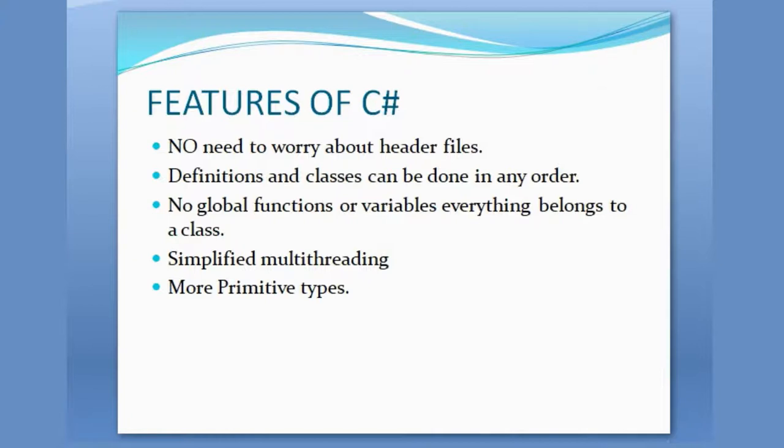We can create different types of secured and robust applications such as window applications, web applications, database applications, and there are several advantages to using it. We don't need to worry about the header files. Class definitions can be done in any order. There are numerous primitive types and multi-threading tasks, and most importantly, there are no global functions or variables. Everything belongs to a class.